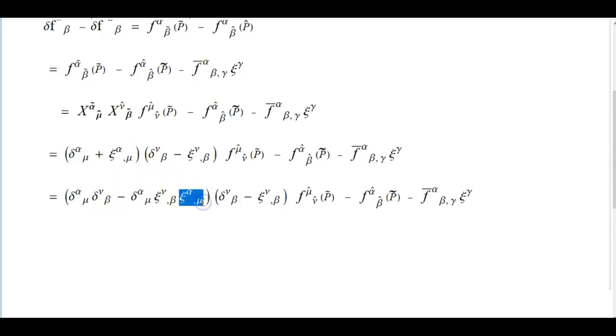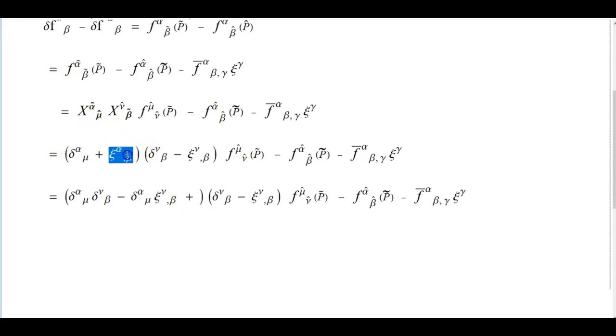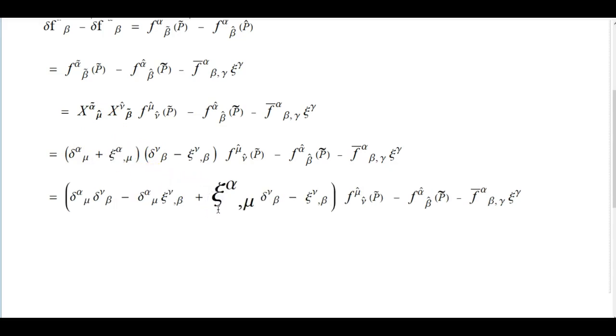Okay, so this is a second term. Then I can keep xi alpha mu with delta nu beta, so I can keep plus xi alpha mu.